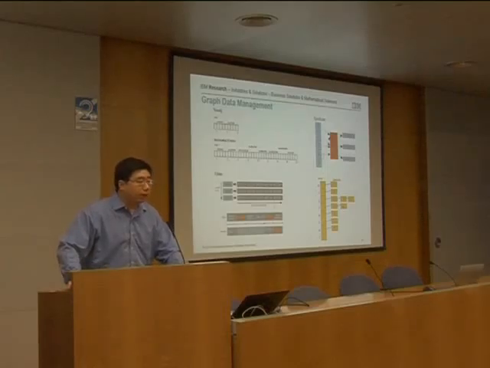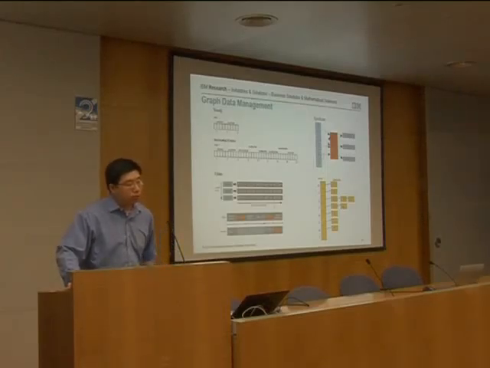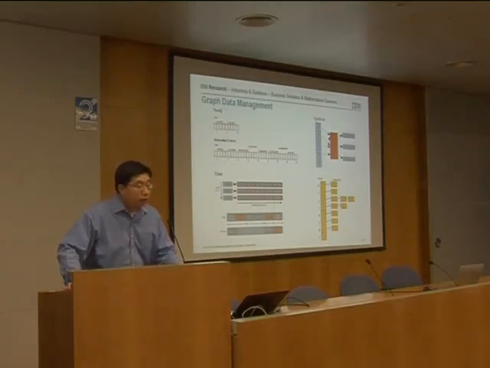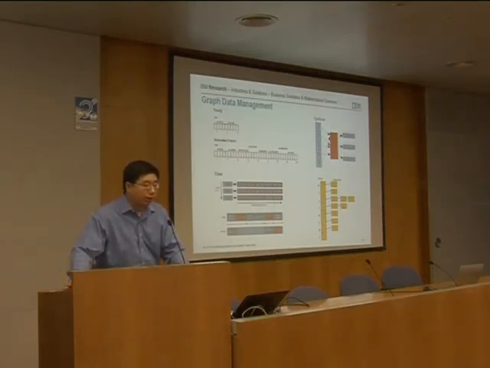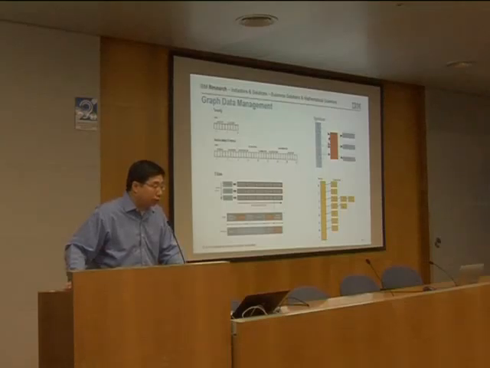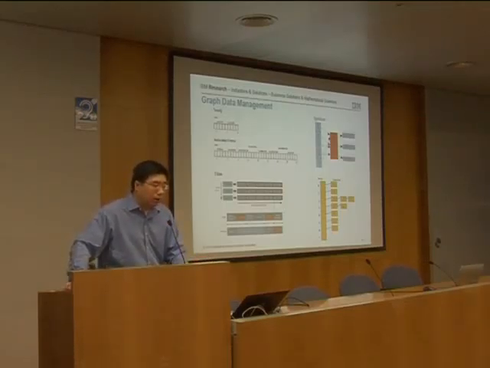Of course, eventually we have to go back to the data structure: how we organize the graph on disk and in memory, so that we can really do queries efficiently. For different graph databases, we see different data structures, like Neo4j, Sparksee, and Titan.